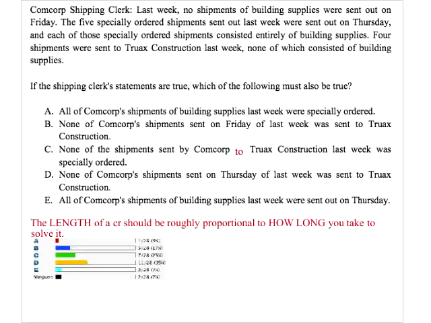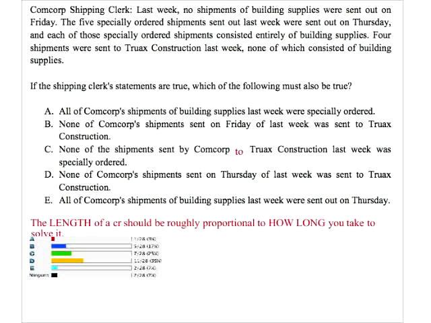So last week, no shipments of building supplies were sent out on Friday.